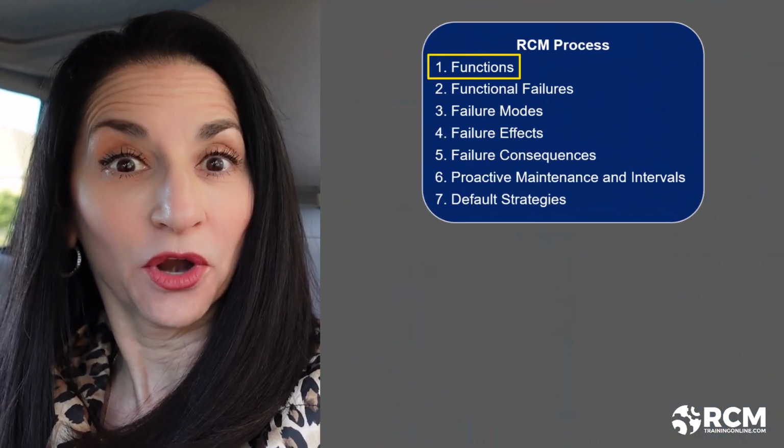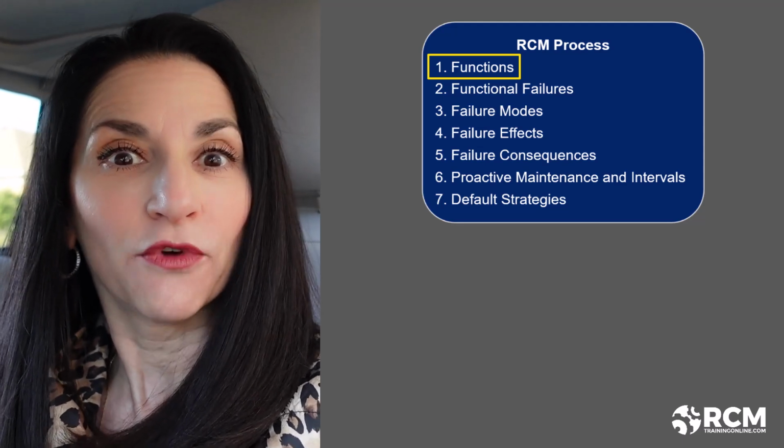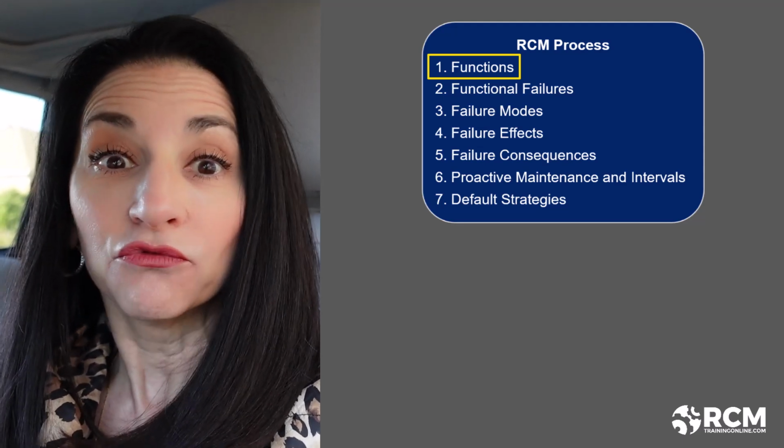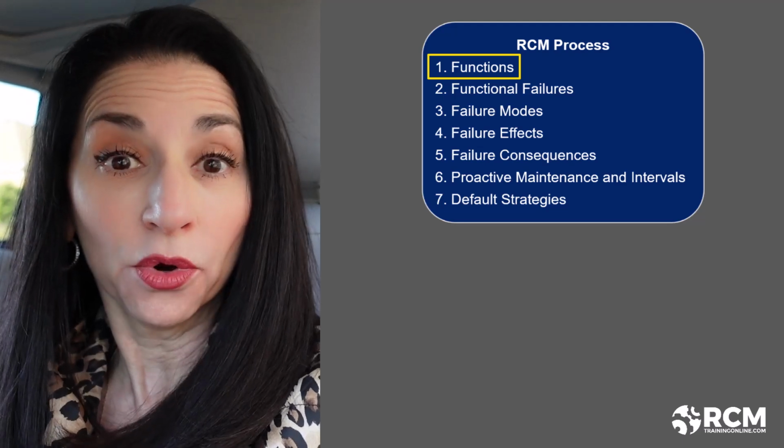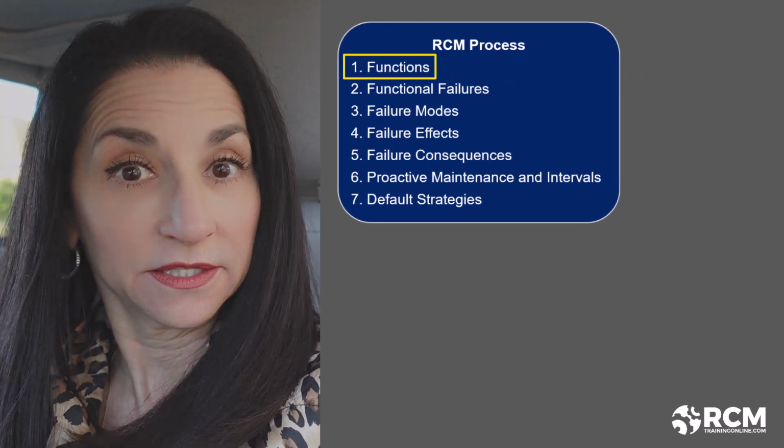A machine is bought for a reason, and that reason needs to be specifically defined. And that's the first step in the RCM process. The first step is writing functions. And writing functions is really important for two reasons.